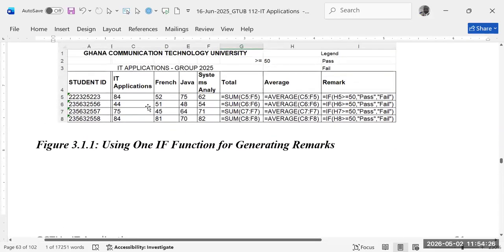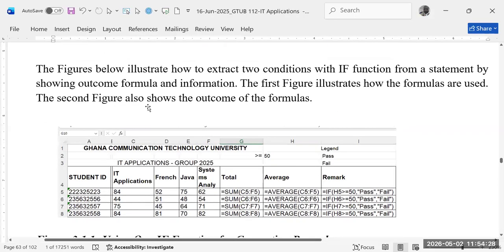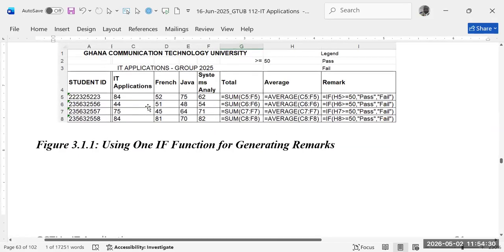Here, this is the student results, and the condition says that when it's greater than 50, pass, else fail. Look at how the formula was constructed.